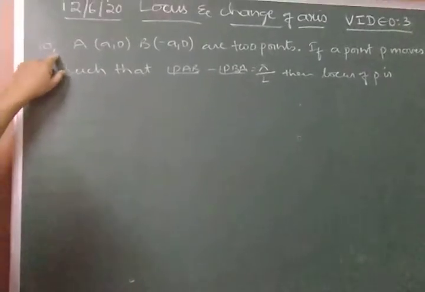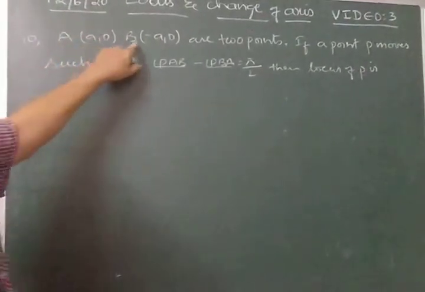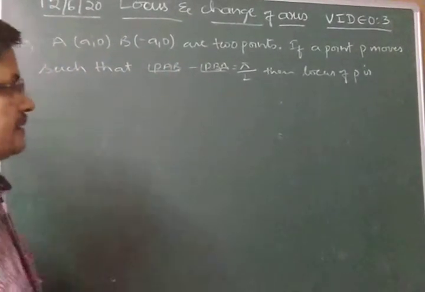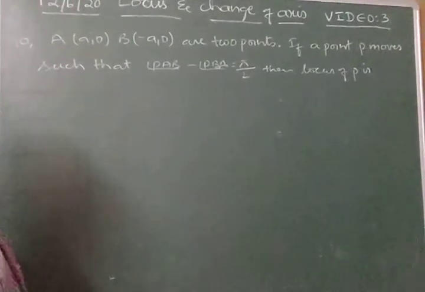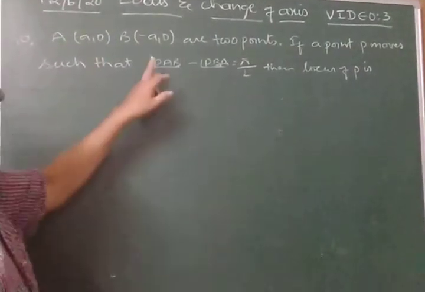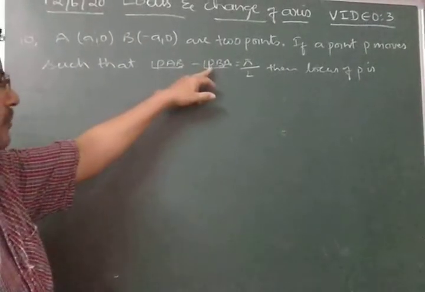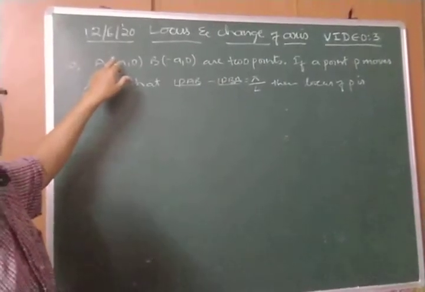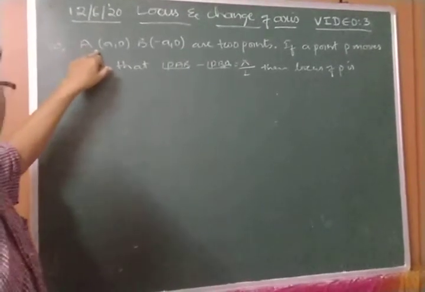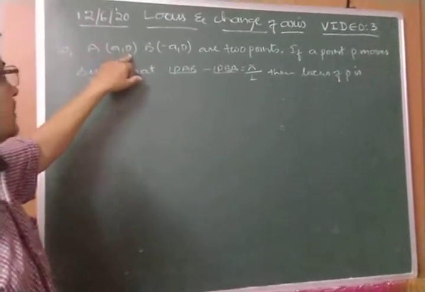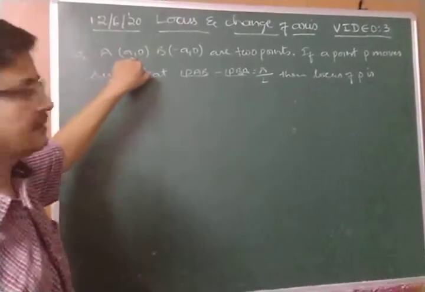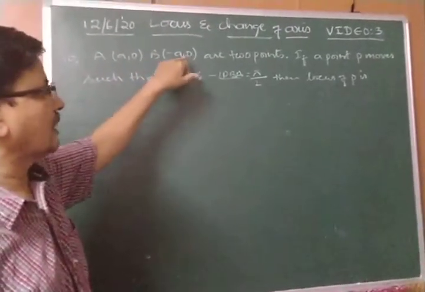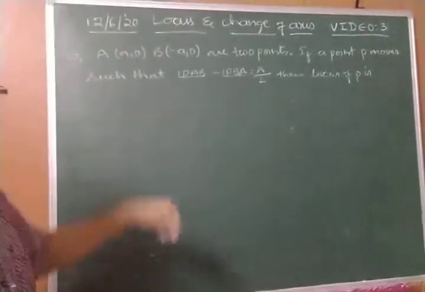Question number 10. A comma 0 and B minus A comma 0 are 2 points. If a point P moves such that angle PAB minus angle PBA is equal to 90 degrees, then the locus of P is. A comma 0 lies on the positive x-axis and B minus A comma 0 lies on the negative x-axis.